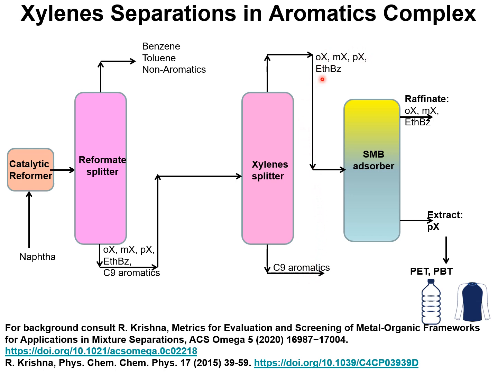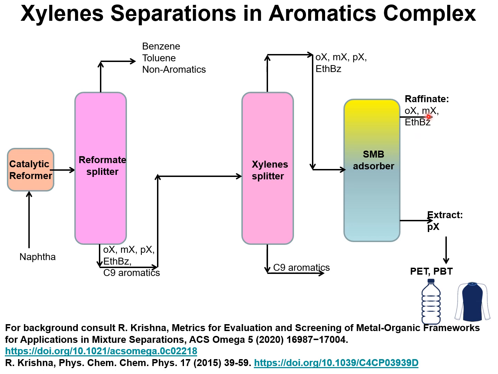The mixture of C8 hydrocarbons is then sent to a unit that is called an SMB adsorber. SMB stands for simulated moving bed. The feed mixture is separated into two different streams.